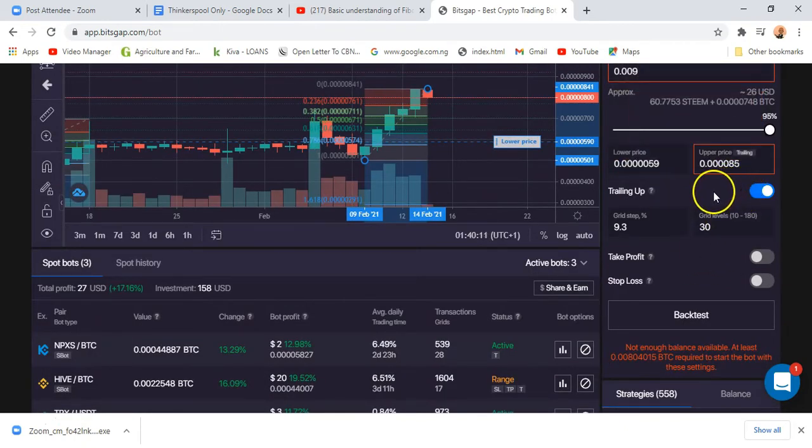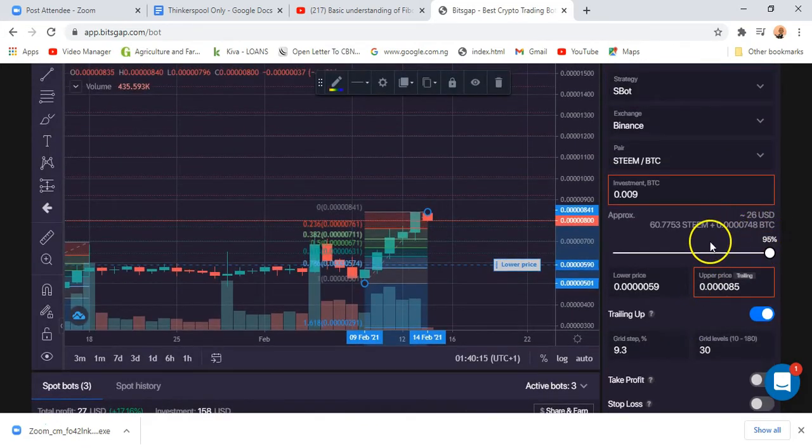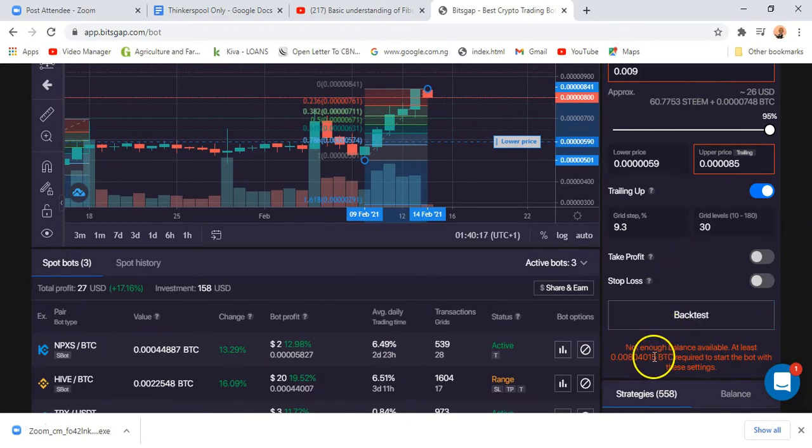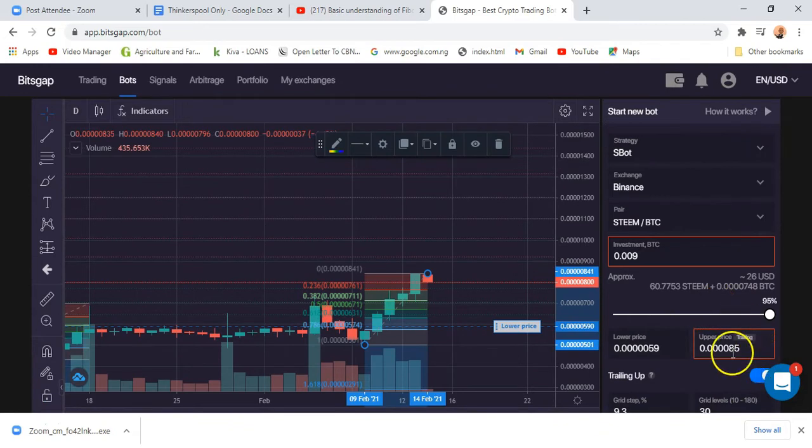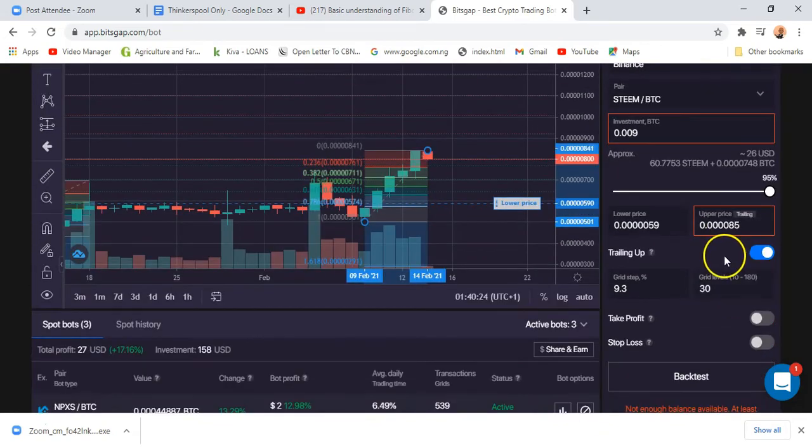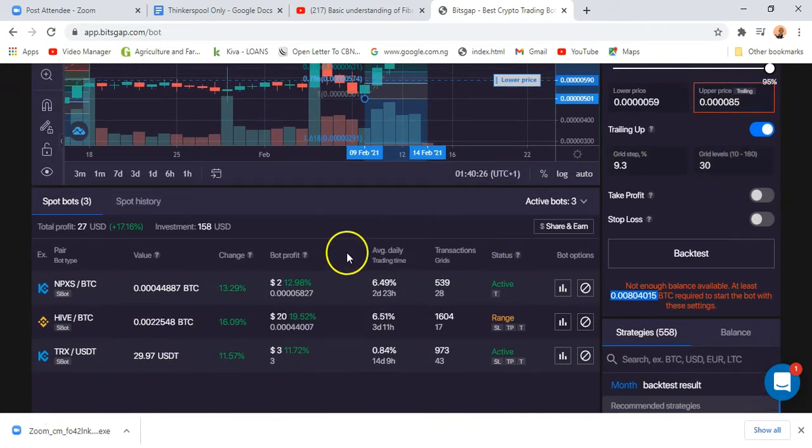So the reason why I'm unable to launch this bot is that I don't have the equivalent amount of this Bitcoin sitting right there in my balance. Okay, so that is the reason why I'm unable to launch this bot.